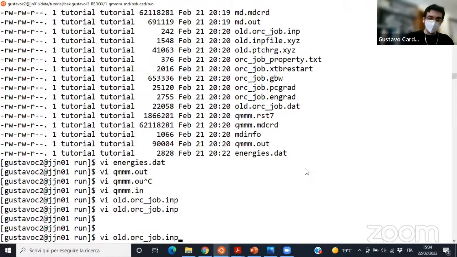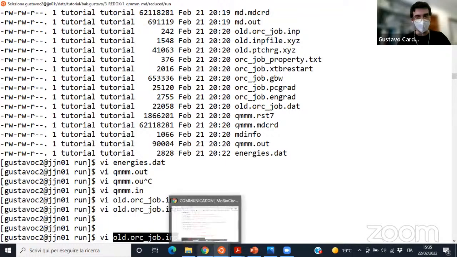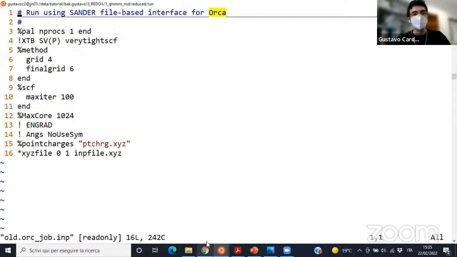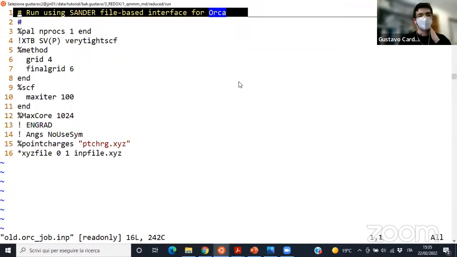So this is the input. Remember, this is the QMMMD. And this is the input generated for the last snapshot, okay? The Orca input. Okay, so it actually has some nice comments here.